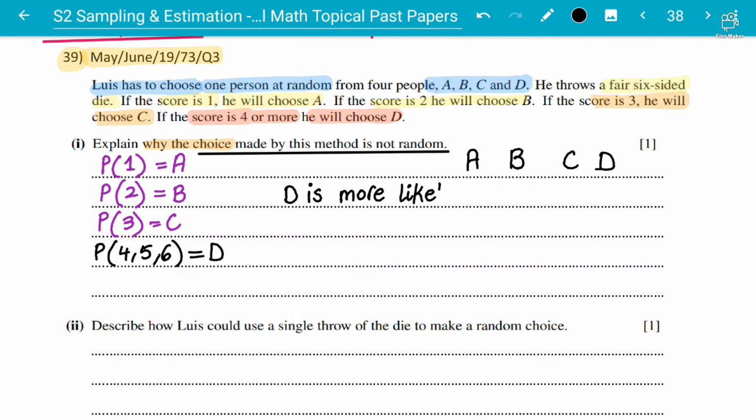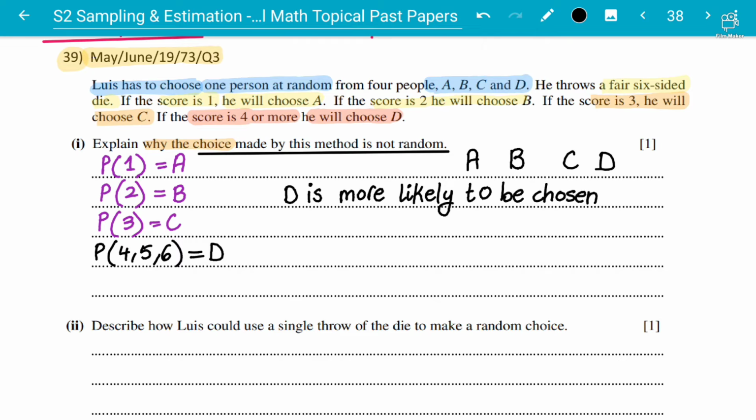If the dice gives 4, or 5, or 6, the person will choose D only. So D is more likely to come, and that is why we can say D is more likely to be chosen, because of the increased probability.